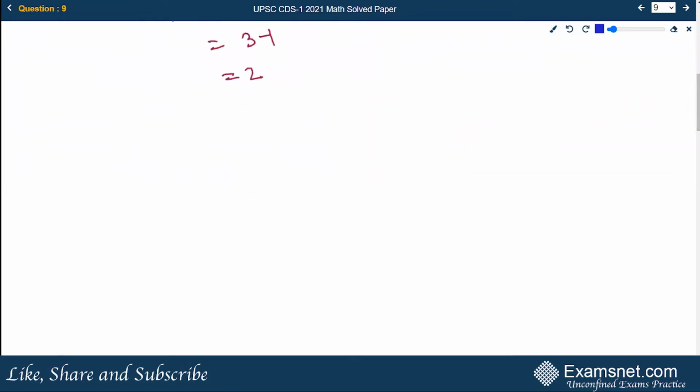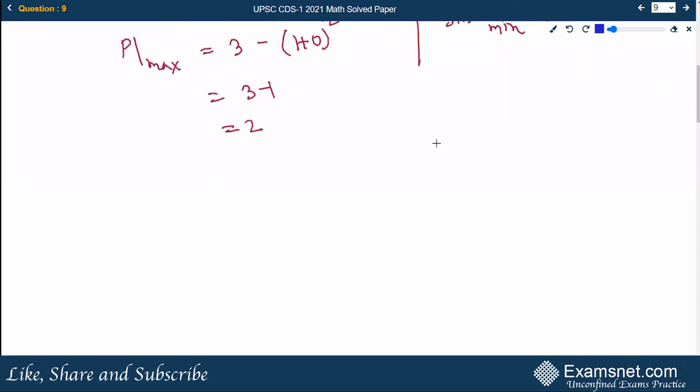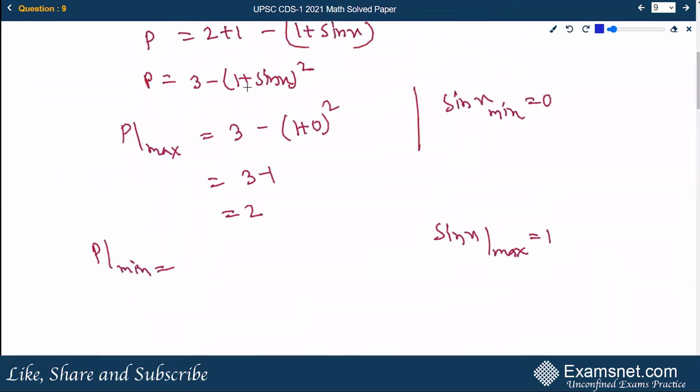And the maximum value of sine x is 1. So we'll get the minimum value of p when we put here the maximum value of sine x. So that is 1 plus 1, 2, so 3 minus 4, that will be minus 1. Minimum value is minus 1.